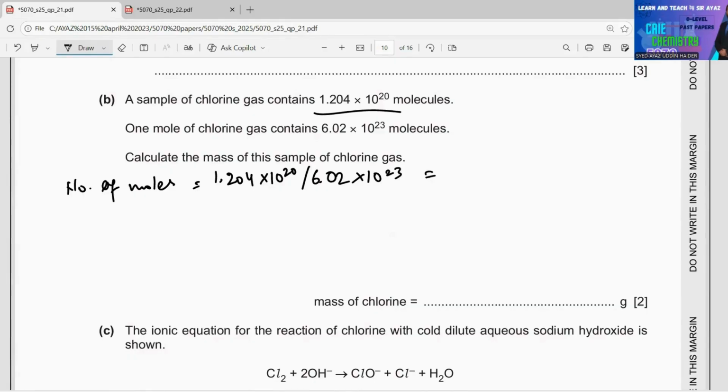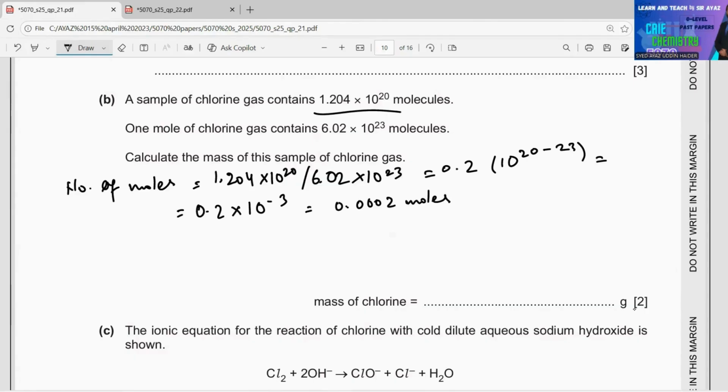So what we will get? We will get 1.204 divided by 6.02, which is 0.2, and in bracket we have 10 to the power 20 minus 23, so you will get 0.2 multiplied by 10 to the power minus 3. So it will become 0.0002 moles. These are the moles. Now I need to find the mass.